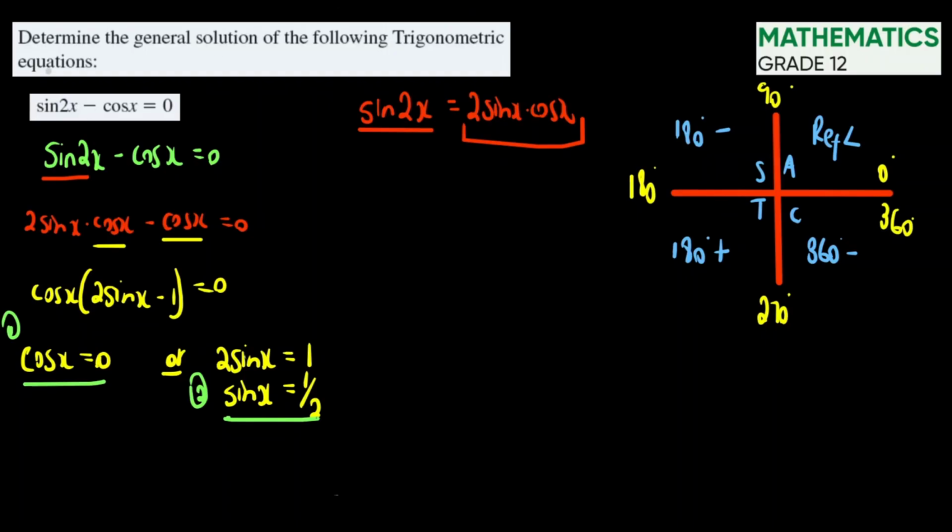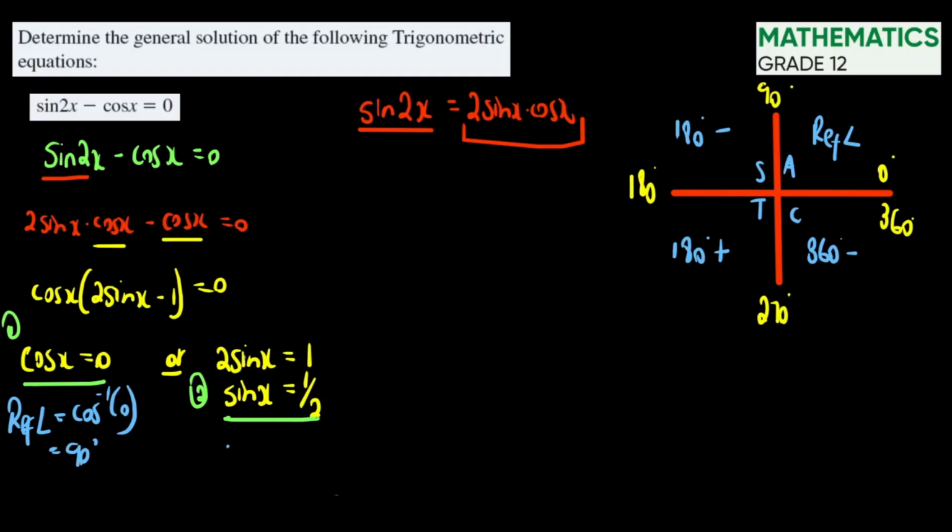So let's move on to calculating our reference angle. For cos, it will be the second function of cos of 0, and put that in your calculator to get the reference angle. That is 90 degrees.